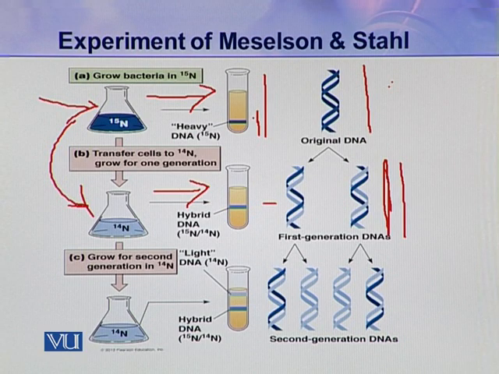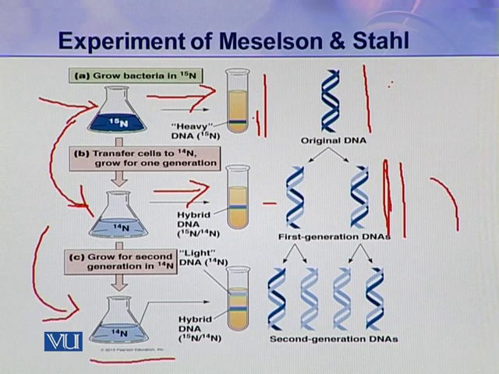In the third experiment, they kept on growing the cells in the same medium which contained N14, normal nitrogen. They grew the bacteria for another generation, so that this DNA went through another cycle of replication.